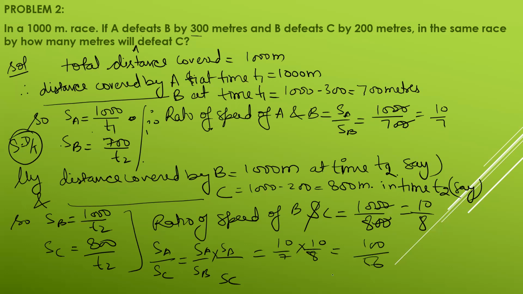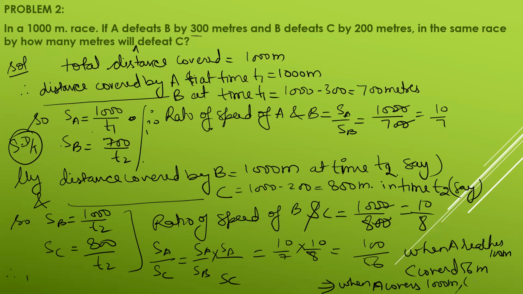So therefore, when A reaches 100 meters, C covered 56 meters, which implies when A covers 1000 meters, C covers 560 meters.